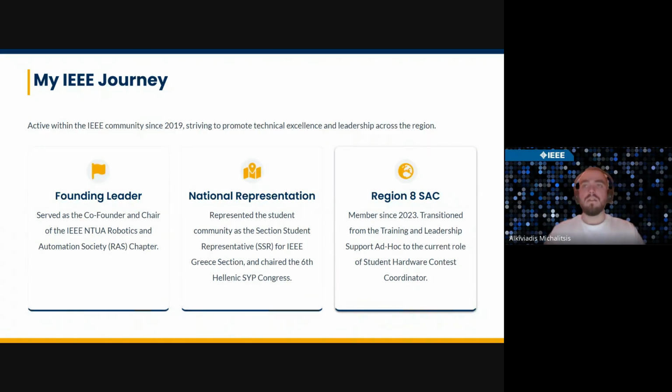After that, I went to the global level in the Region 8 area, and specifically in the Region 8 Student Activities Committee. In 2023, I joined the Training and Leadership Support Ad Hoc Committee, and currently, as of 2026, I have the position of the Student Hardware Contest Coordinator.